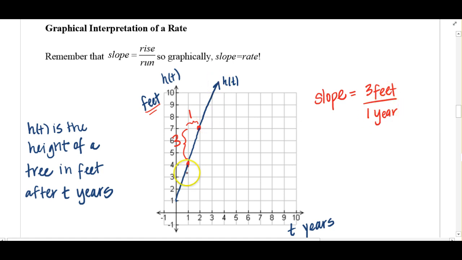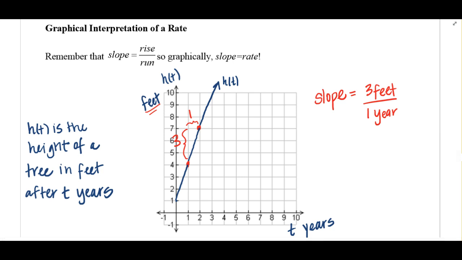And because this is a linear function, we know that this tree grows 3 feet in 1 year for every year that has passed. But this was just a completely made up function and made up situation. I want you to get from this the notion that a slope equals a rate when we put it in the context of a problem and study and understand the idea of units.